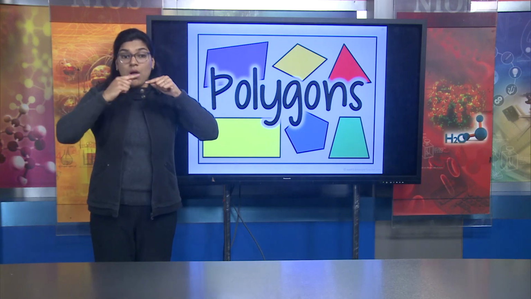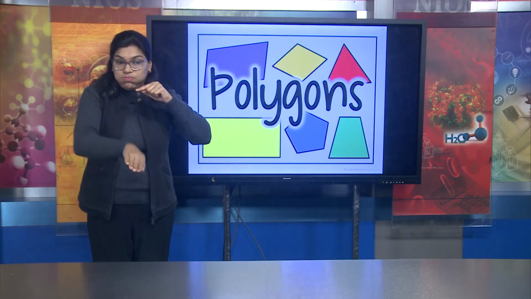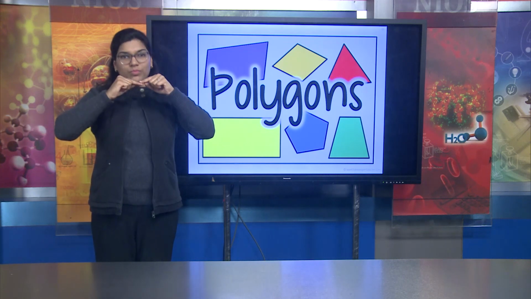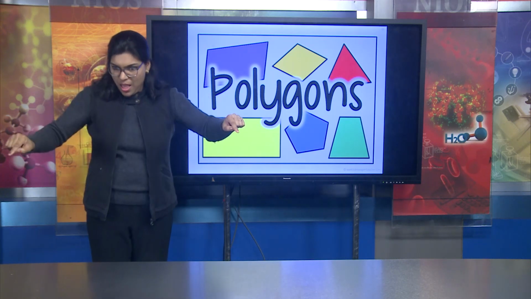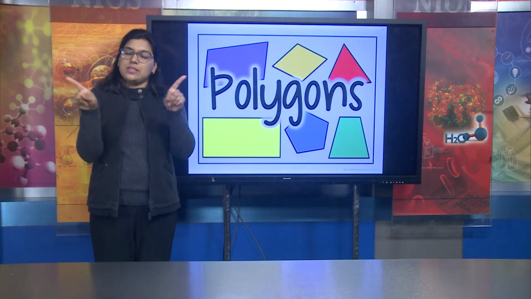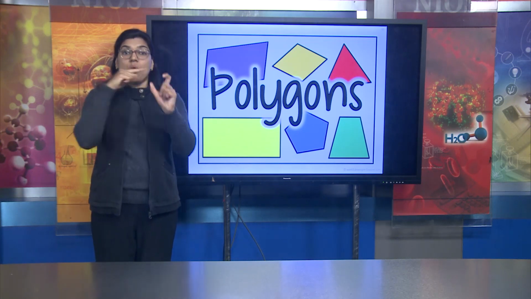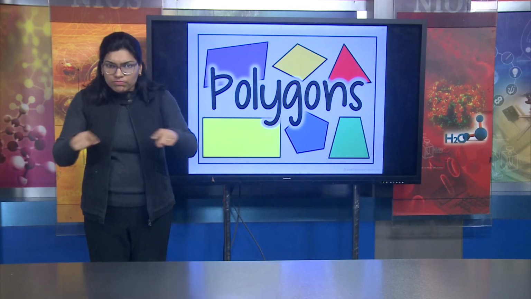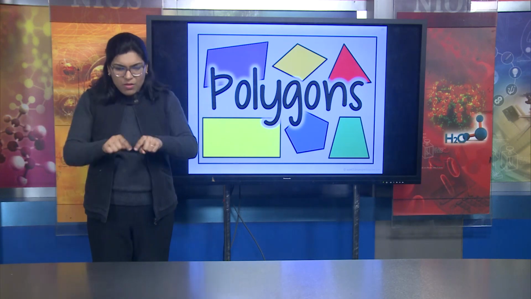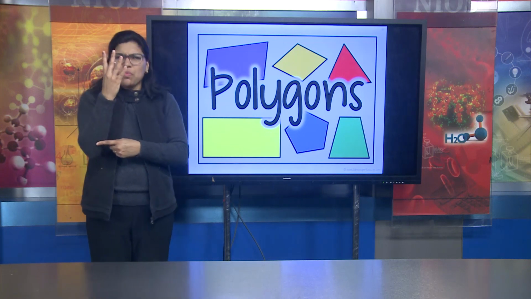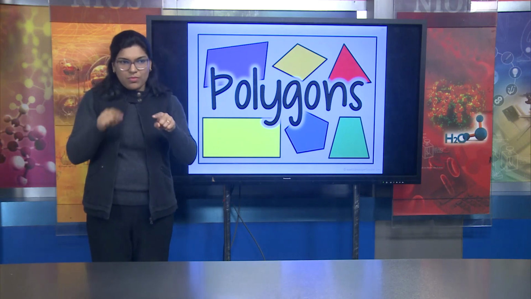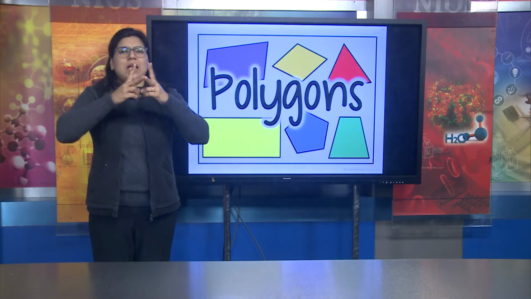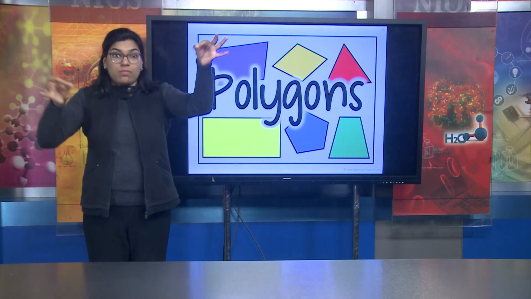You must have seen different lines in your primary classes. These are not curved lines, but only straight lines. So, poly and gons, when these two words combine together, it means shapes with different lines. It can have 2 lines, 3 lines, 4 lines, 5 lines, many lines.